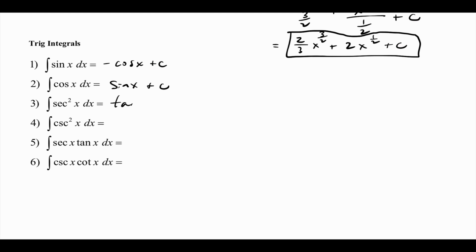Tangent of x plus c. Cosecant squared, that's the derivative of what? Cotangent, right? So the antiderivative would just be the cotangent of x.